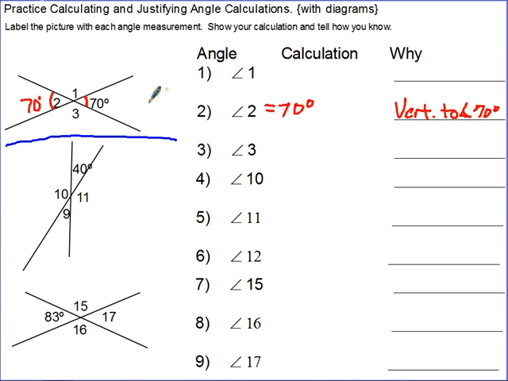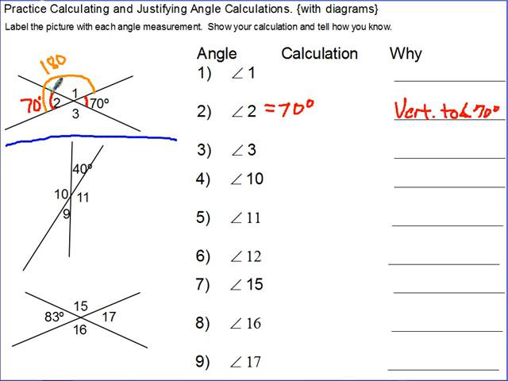Now, these angles over here, if you go from here all the way over to here, just think about that. It has to add up to 180, but angle 1 is not 180. This whole angle, if this is 70, that uses up 70 of the 180. How much is left?